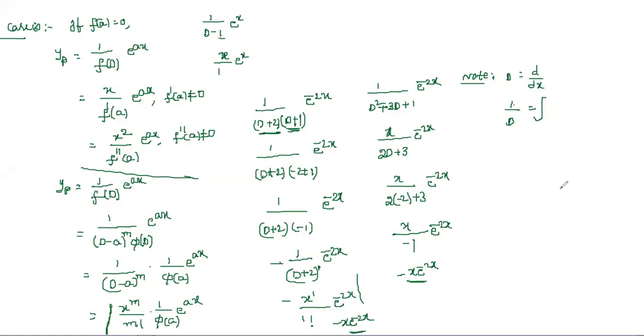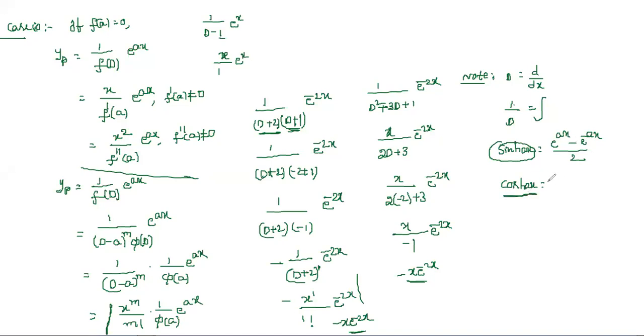And one more thing. They may also mention hyperbolic functions, sinh ax and cosh ax. In that case, what are the formulas? Sinh ax is e power ax minus e power minus ax by 2. It means if they mention sine hyperbolic, you can convert it into exponential form and then apply type 1.